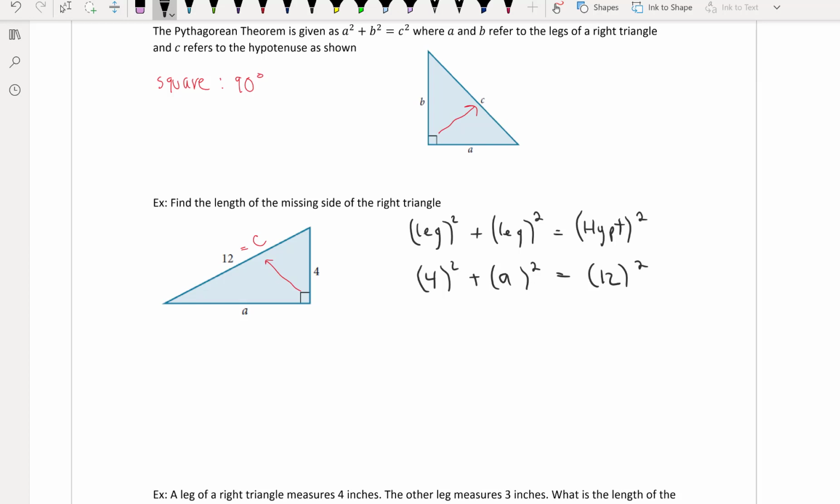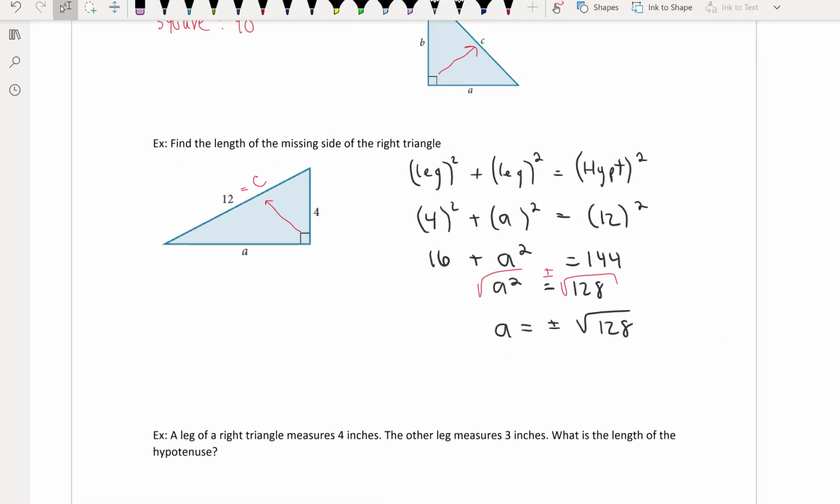So I'm going to rewrite this as 16 plus A squared, and 12 times 12 is 144. So I'm going to subtract 16 from both sides. So 144 minus 16 is going to give me 128. Because that's a squared term, to undo the squared term, I'm going to do the square root, plus or minus. So I'm going to have that A is equal to plus or minus the square root of 128.